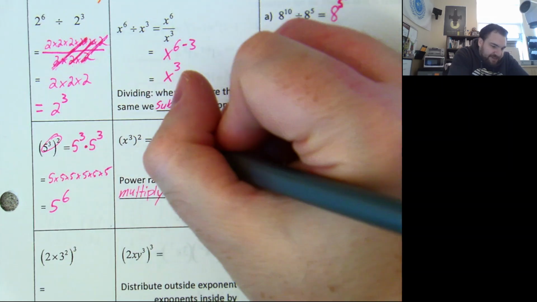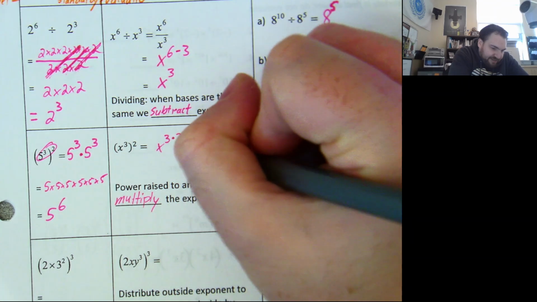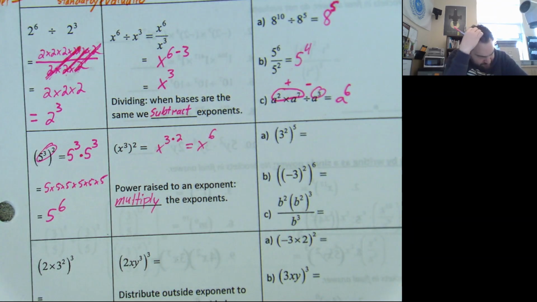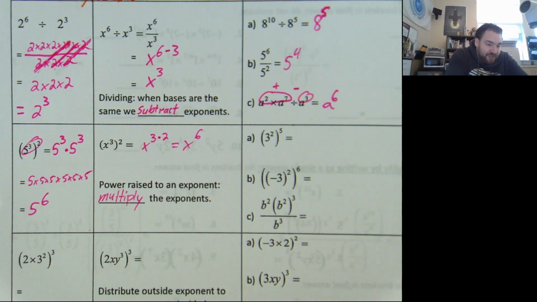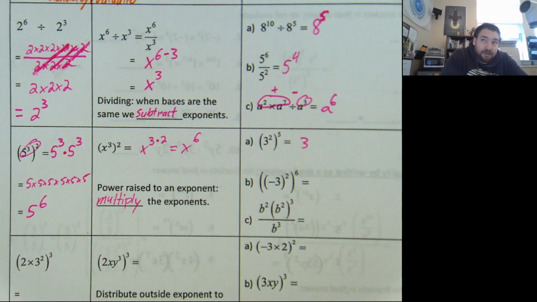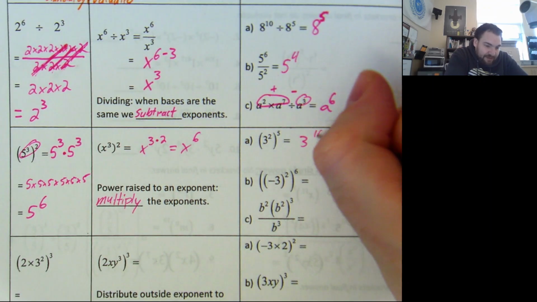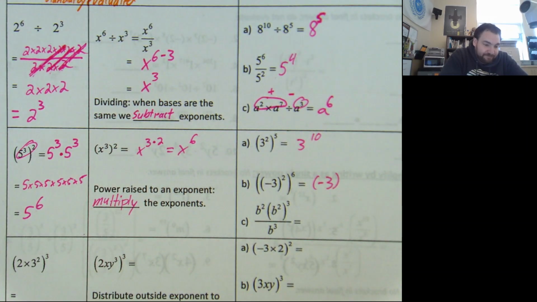So this is going to be x to the 3 times 2, which is x to the 6. Fantastic. So this first one's going to then be 3 to the power of 10. This one's going to be negative 3 in brackets to the power of what? 12.